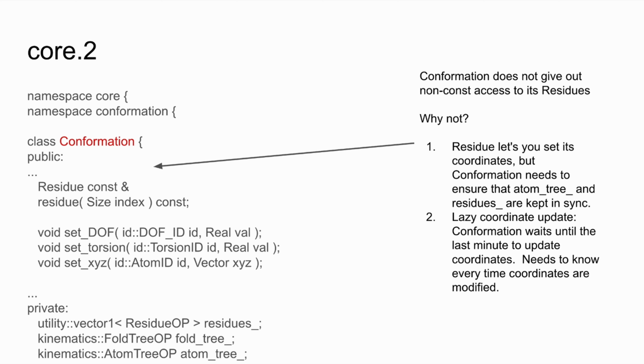And conformation has degrees of freedom and torsion angles, and you're able to set these from within the conformation object, so they're accessible. You can set the XYZ coordinates using atom IDs, using torsion IDs, and things like that.